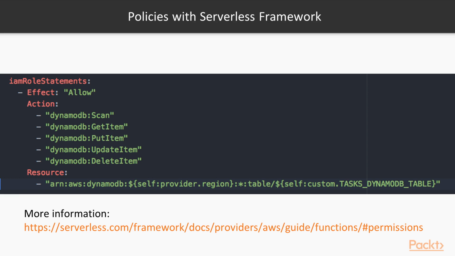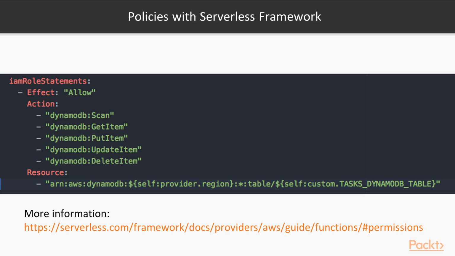So we saw the policy in the AWS Console for the Dynamo table that we created for the Lambda. And here is what we wrote in our Serverless framework in the last video. It's the IAM role statements, that is the place where all the policies will be defined in Serverless framework. Then we will have an effect that is allow or deny. In general, as the permissions are always zero, it's quite a normal practice to allow, because everything will be denied by default, so usually you allow things.